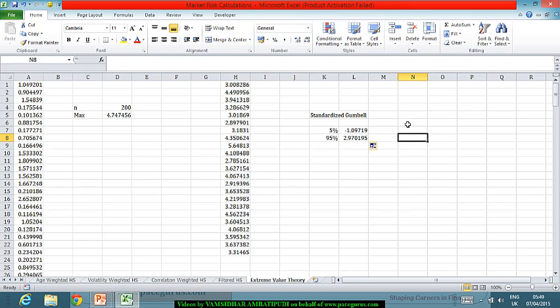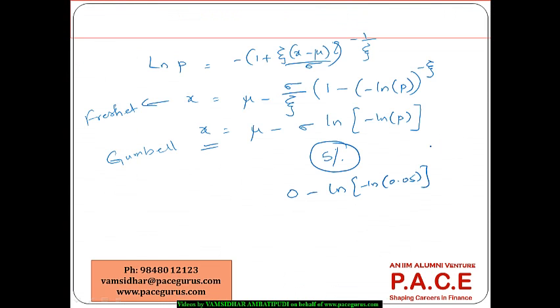The same logic, if I go with Fréchet, let me take the zeta value to be around 0.2.